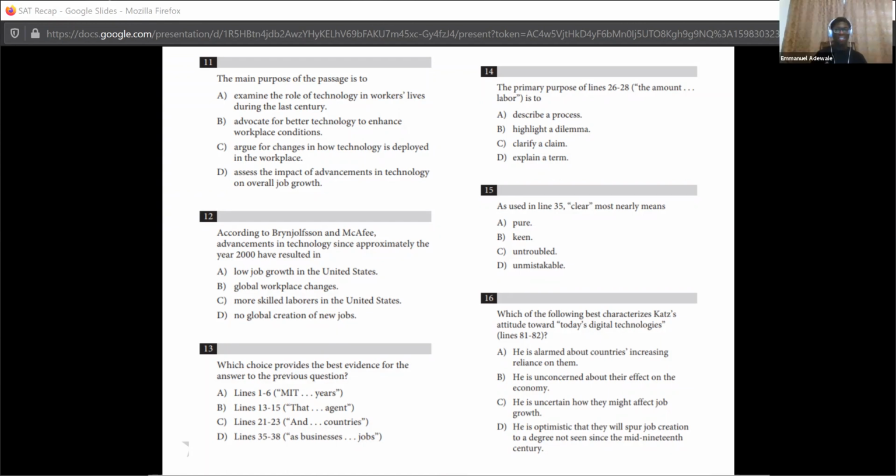Yeah, definitely. Thank you for sharing your answer. And yes, you are correct. Choice D is the correct answer. I think again, like we have mentioned before in some of our sessions, pulling out those details in specific parts of the passage can definitely help you figure out what the main purpose is.